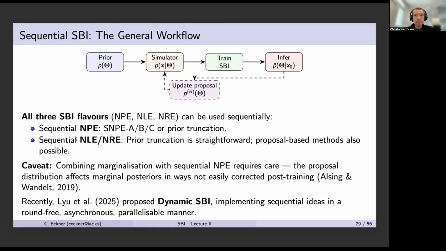So it is a bit fancy. It avoids all of this sequential stuff, but you still need to do this reweighing of your prior in the loss. So you still need to do it, but it has advantages here and there.